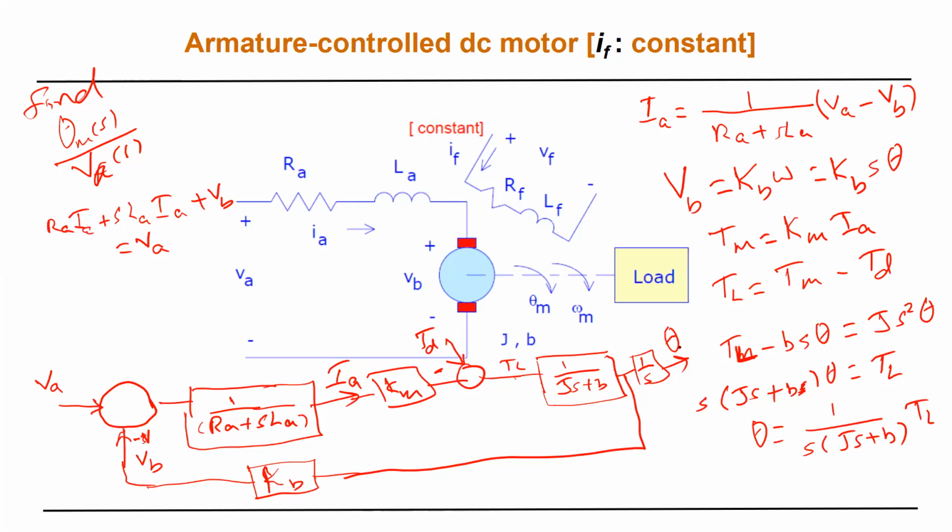If this is theta, where's omega? Omega is before the integrator. So this is omega. I'm feeding omega, multiplied by KB, I'm getting VB, subtracted from VA.